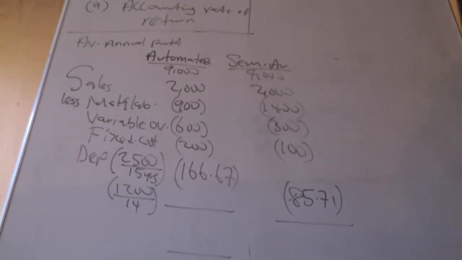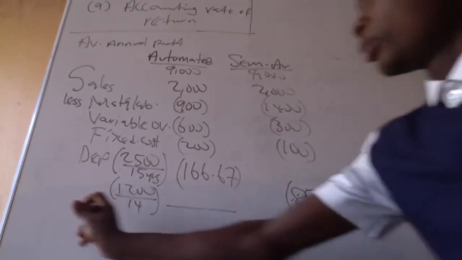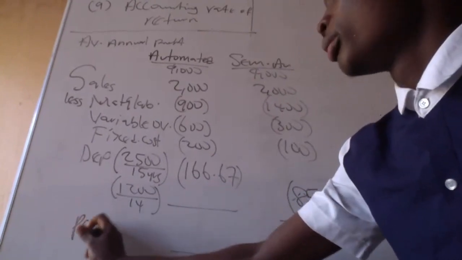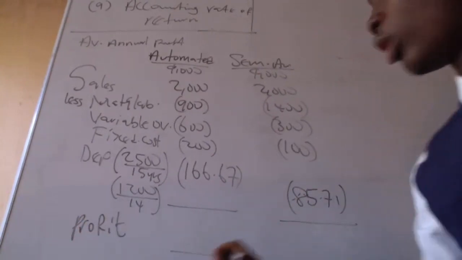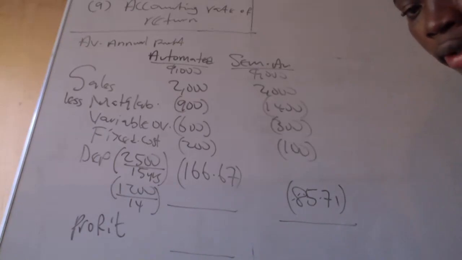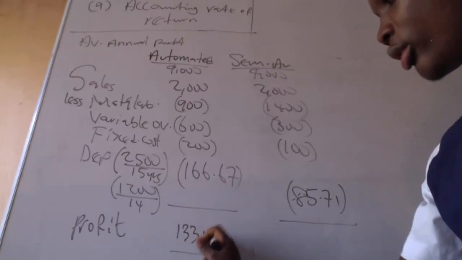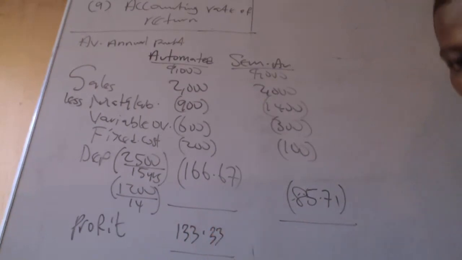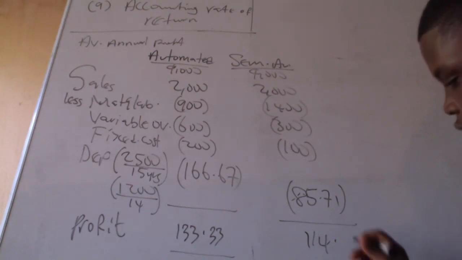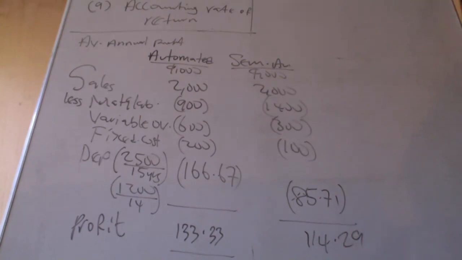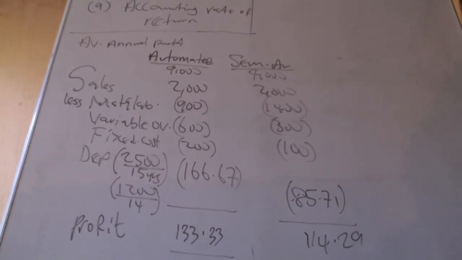So for auto, the profit will be, so let's put profit here. Profit for auto is 133.33, and that of semi is 114.29. Good. So that's the accounting profit.